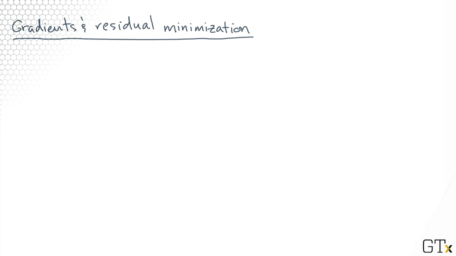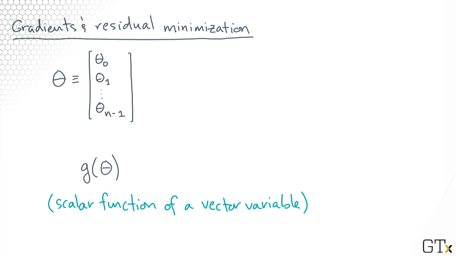So let's suppose you have a vector variable, theta, and let's say that it has n components, theta 0 through theta n minus 1. Now let's further suppose you're given some scalar function of theta. Let's call it g of theta. So that means g produces a scalar, or a single value, as opposed to a vector value.